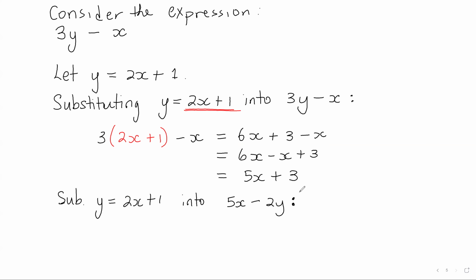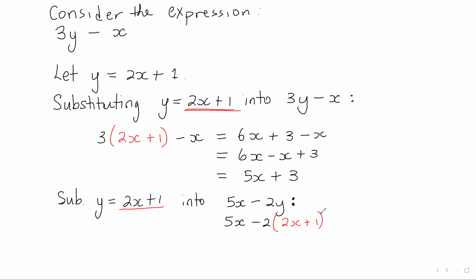So I want to substitute y is equal to 2x plus 1 into 5x minus 2y. That means wherever I have y in this expression, I'm going to replace it with 2x plus 1. Be sure to use your brackets. So let's go. That would be 5x, because I'm not doing anything there, minus 2 times y, and y is 2x plus 1. So brackets, 2x plus 1.